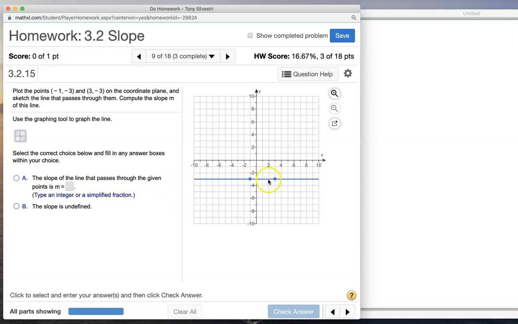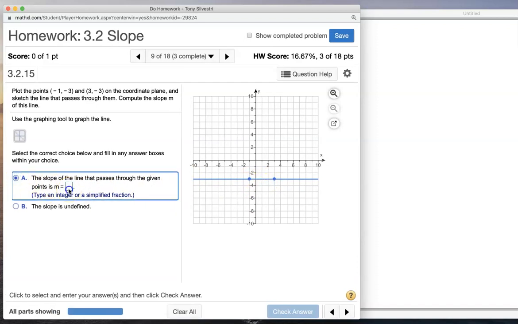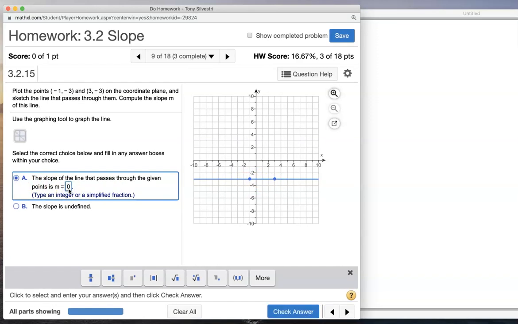Well, I could tell you that the slope of this is 0, just by looking at it. You know why? Because this is a line that's horizontal. If anybody did any carpentry, you know that they have this little device called a level.